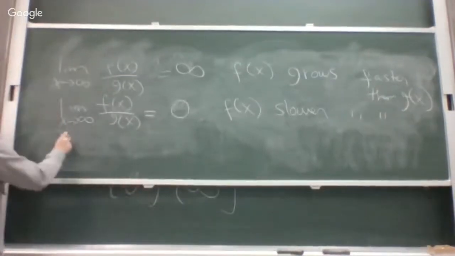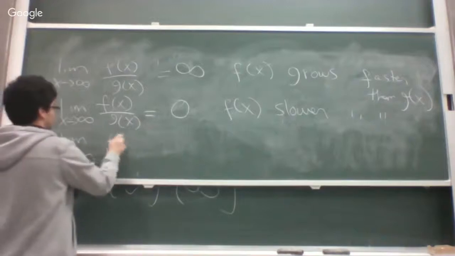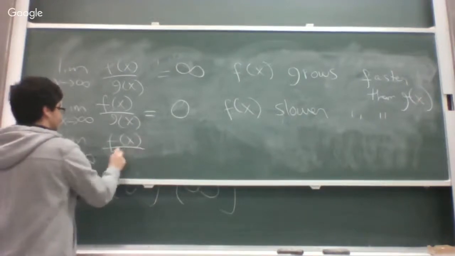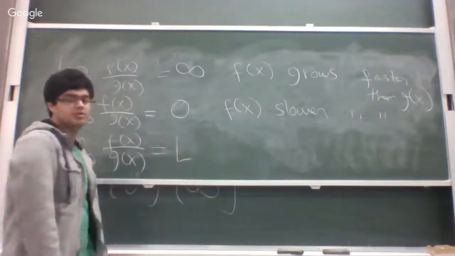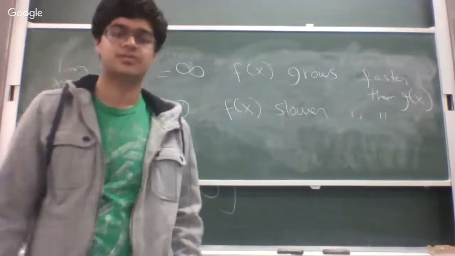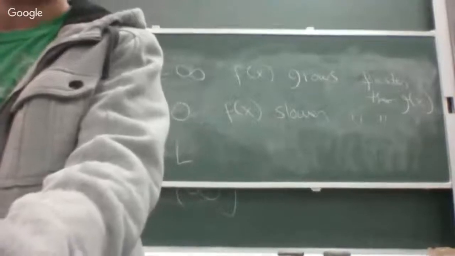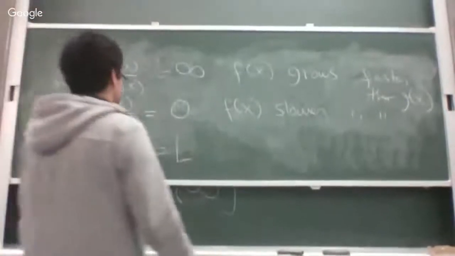In the last situation, the limit as x approaches infinity of f of x over g of x is equal to L, which is any number that does not equal 0.